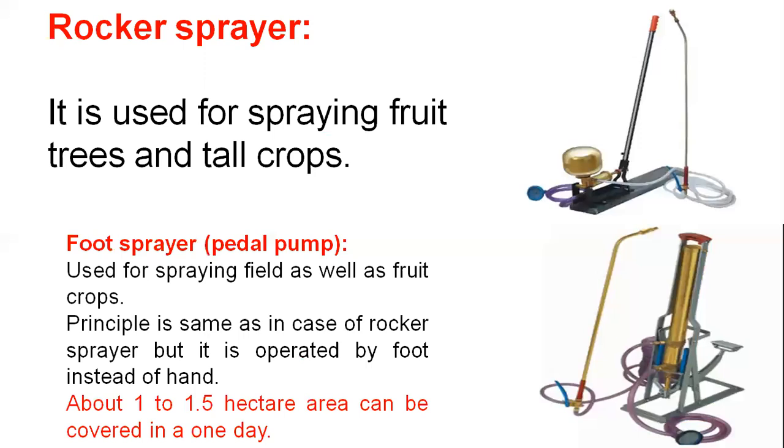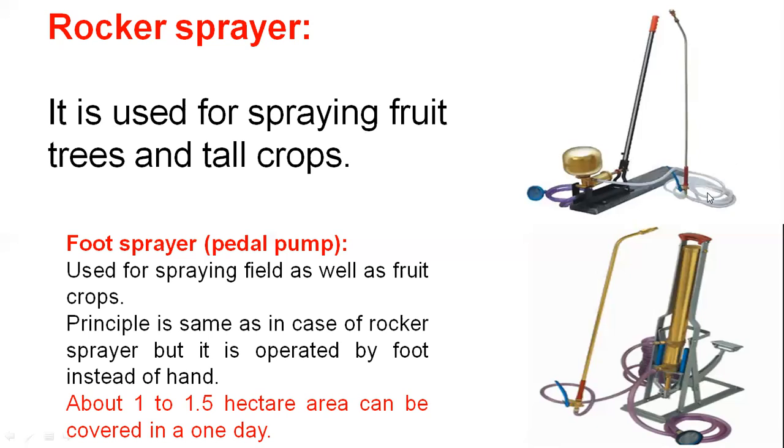The rocker sprayer has a pump assembly fixed on a wooden platform. With the cursor I am showing you this wooden frame, where the pump and all this equipment is fixed properly. One person operates the lever, with a valve assembly with two ball valves and a pressure chamber, a suction hose with a strainer, and a delivery hose with the spray lance.